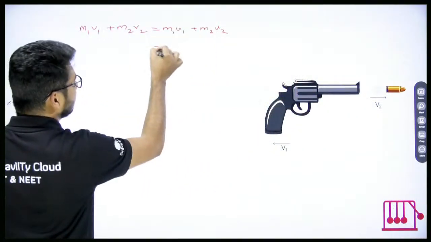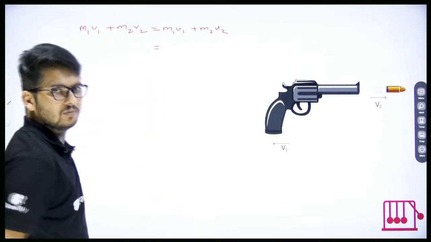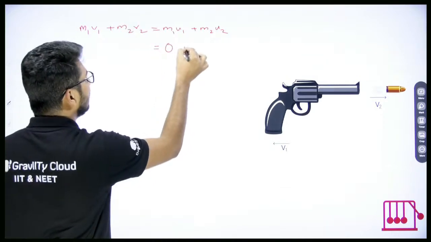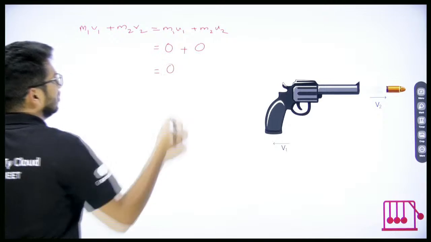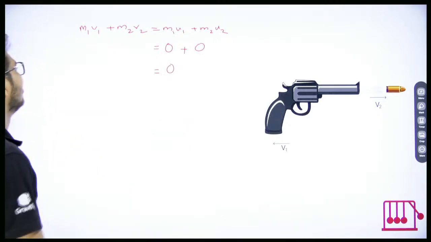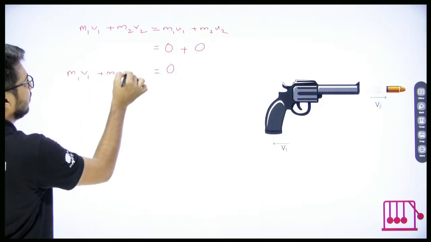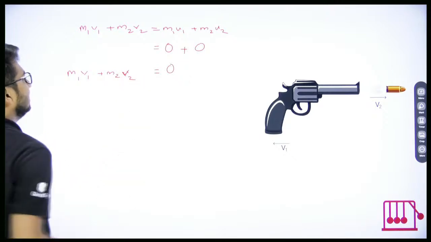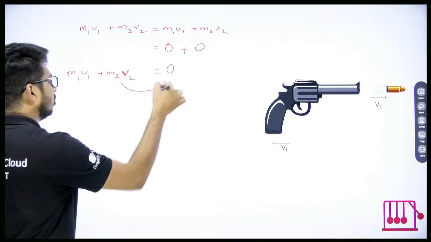When u1 is 0, as we discussed, anything into 0 is 0. m1 into 0 is 0, plus m2 into 0 is 0. 0 plus 0 is 0. We are getting many zeros today, right? So in the LHS you have m1 v1 plus m2 v2 is equal to 0. Then we'll take m2 v2 to that side.